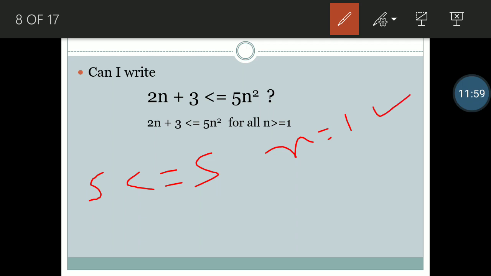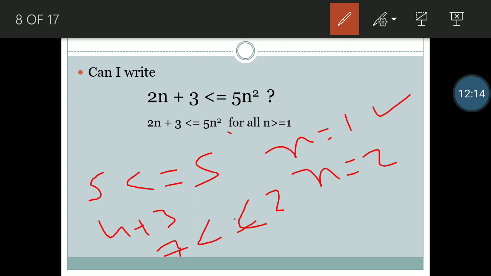So that is true. If we put n equal to 2, it will be 4 plus 3, which means 7 less than or equal to 4 into 5, which means 20. So it is again true.